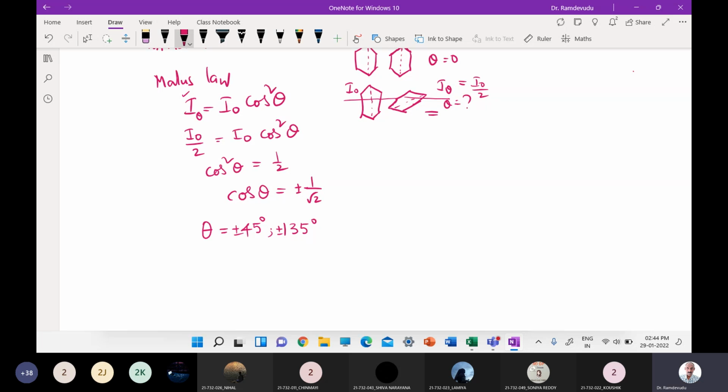Okay. The next problem is a simple one. You can do it by yourself very simply. The third problem is that the polarizing angle, or angle of polarization, for a given material is 60 degrees.